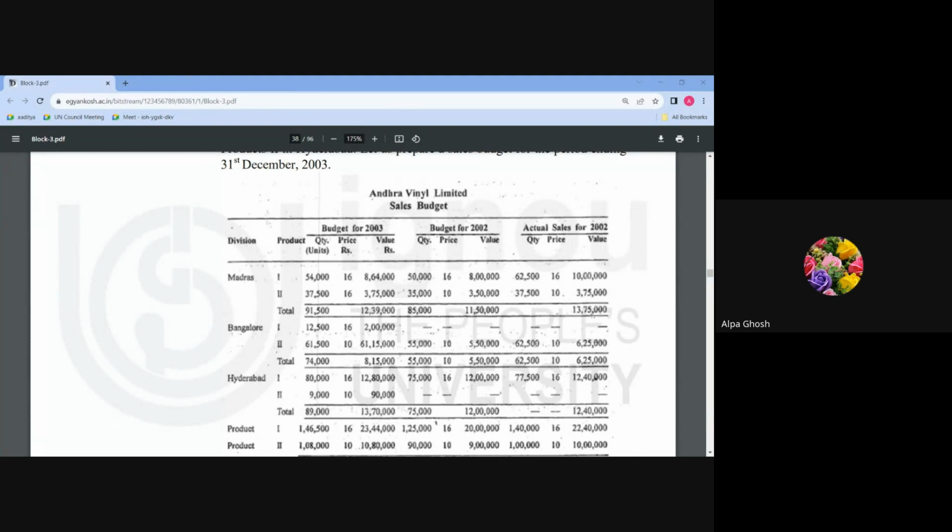So you need to calculate it on the basis of this. Simple way, nothing. You have to just see what is the rate, what is the quantity, and then you multiply it.